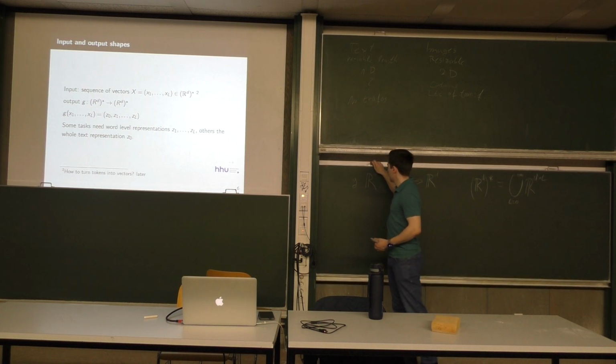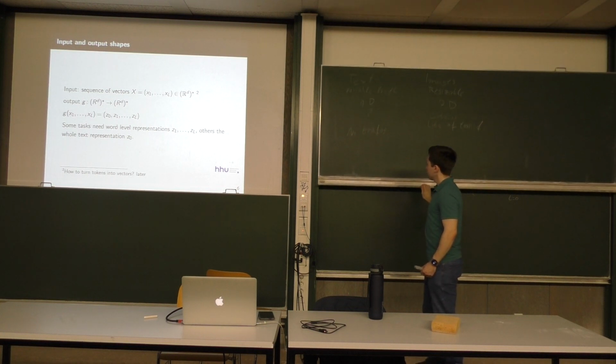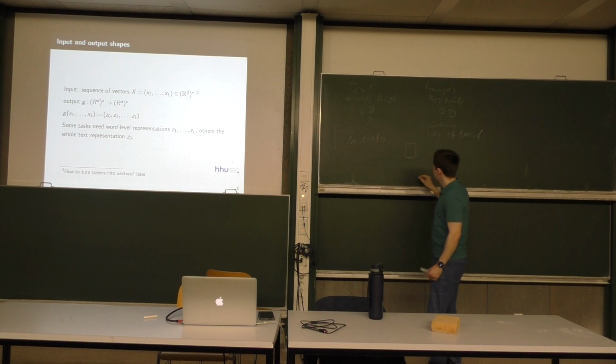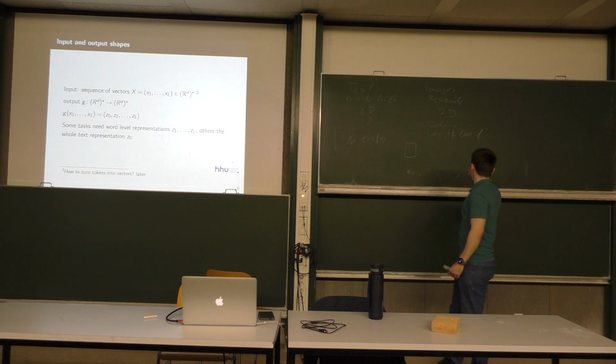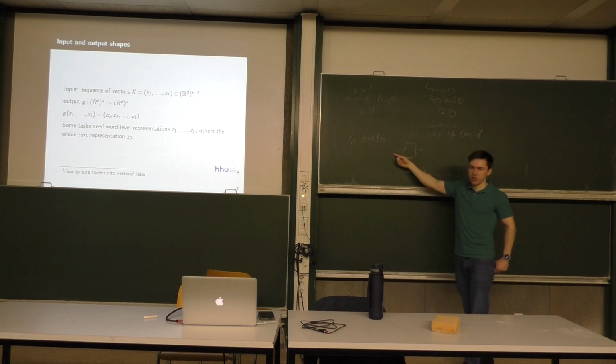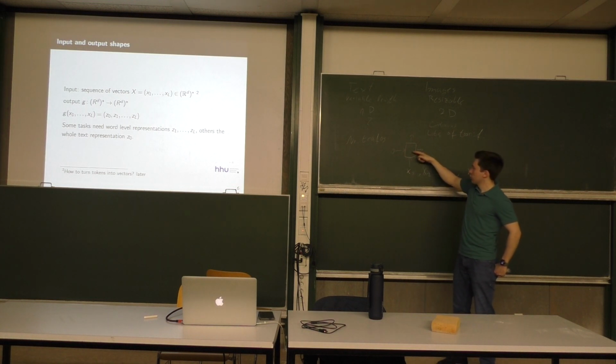If you don't know, they basically work like this. You have your network here, and you have your tokens, x1 to xL. The network has 2 inputs and 2 outputs. The input at the first step is, let's say, 0, together with the first token.